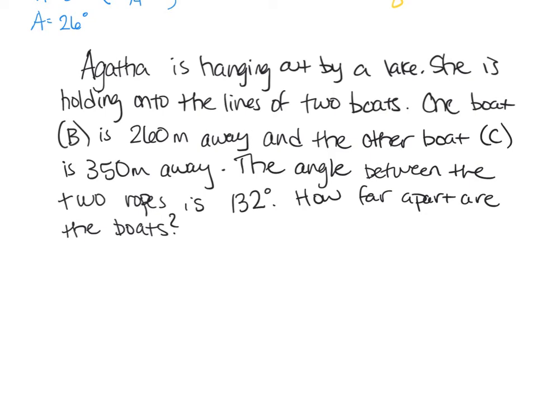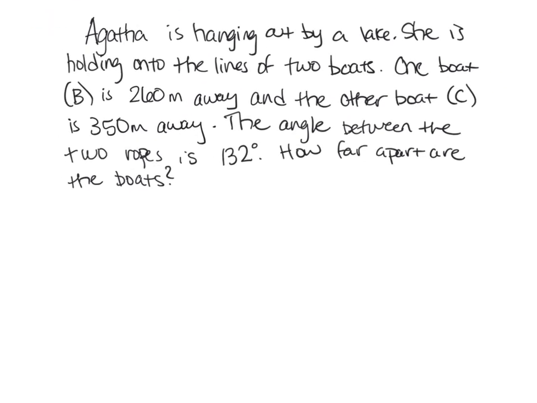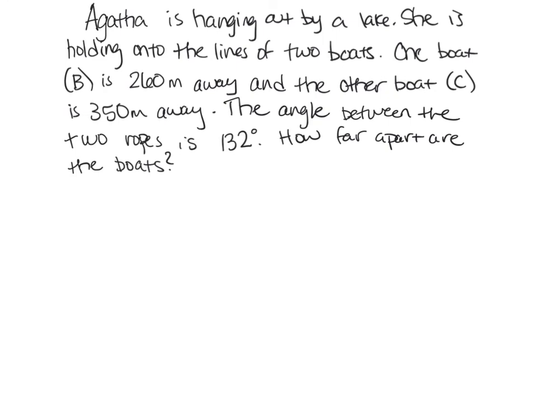For this problem, just for the practice, we are in fact going to be solving for the whole triangle, but this is what a story problem might look like. So let's draw a picture and see what we have. I'm going to make this smaller because I made that way too big. Agatha's hanging out by a lake. So that's a lake. Here is Agatha.